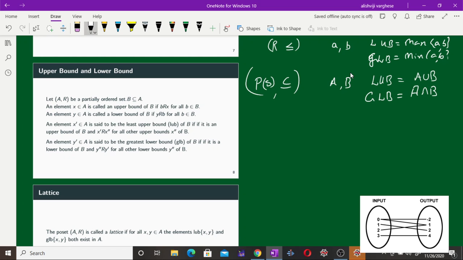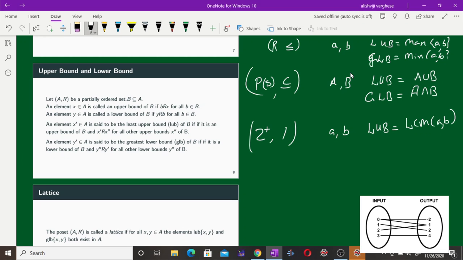Now, if you consider the set of all positive integers or any subset of it together with the divides relation, then for two positive integers a and b from Z plus, the least upper bound is the LCM of A and B. So A divides LCM of A and B and B divides LCM of A and B. There are many other numbers like AB for which A divides AB and B divides AB, but the LCM is the smallest such number.